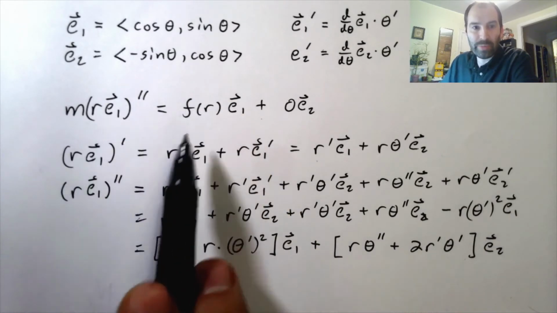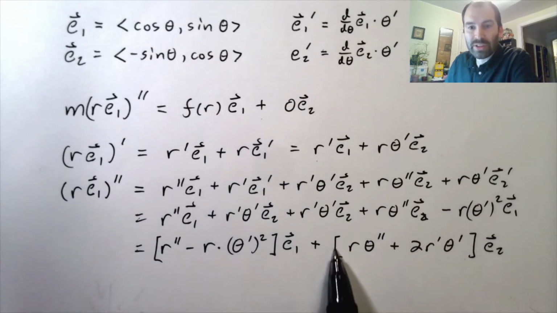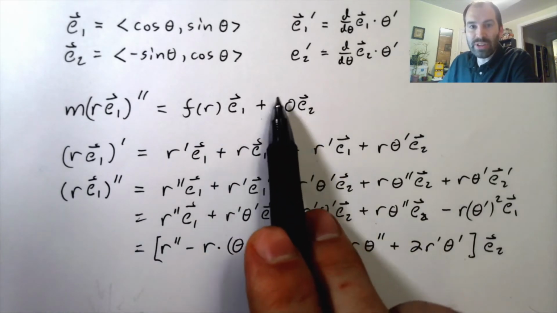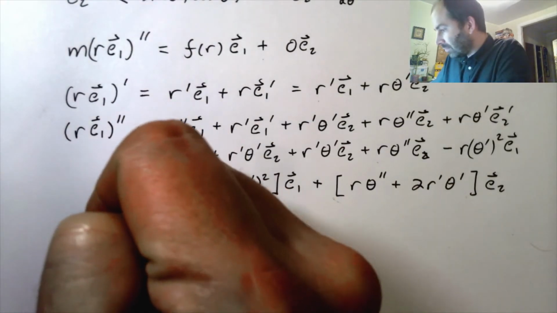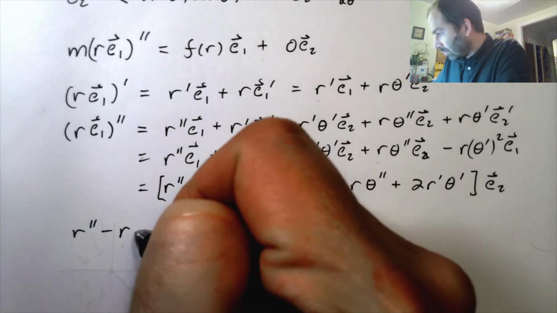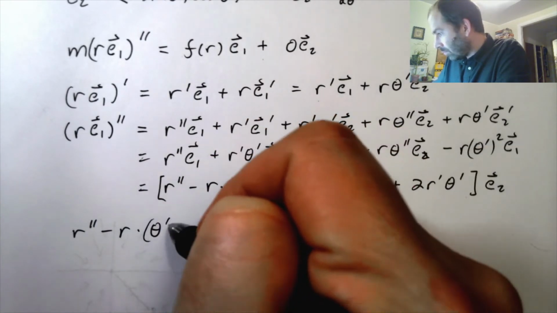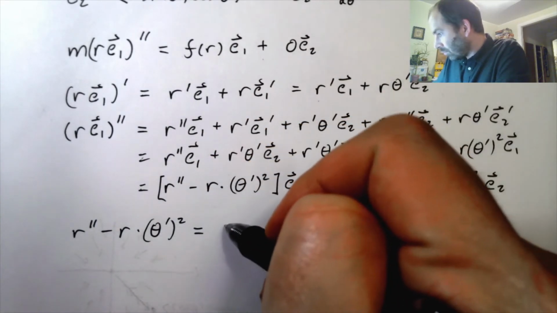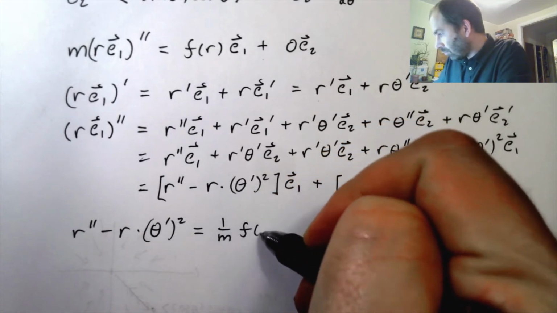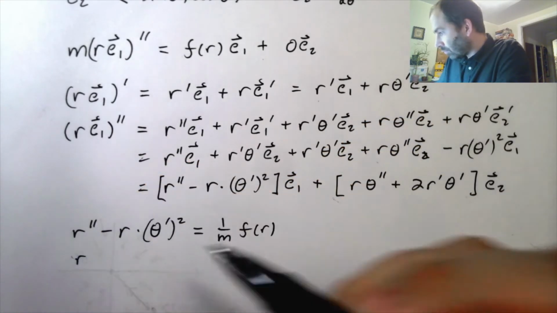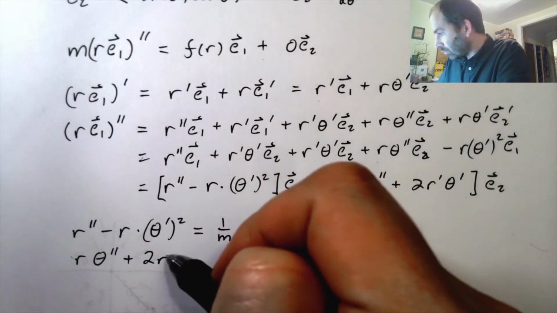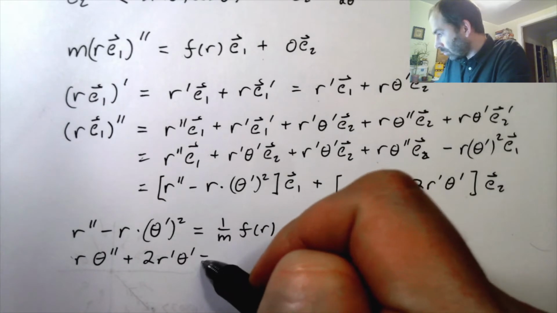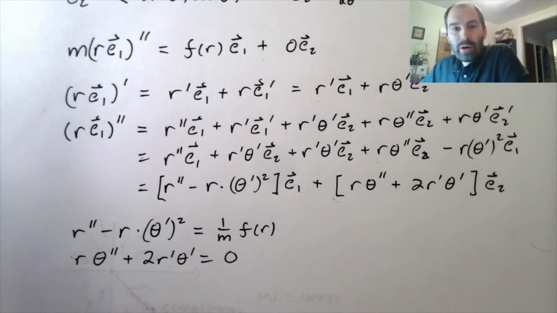Right? I'm going to divide both sides by m. And then this term over here must equal 0. Right? So I get a system of equations. Okay, a system of equations.